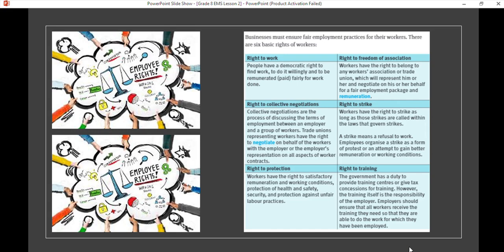Next is the right to training, where a business should assist in training their employees to upskill them. Businesses are not always able to do that, as training costs a lot of money, but businesses will draw a lot of advantages from this should they train their employees.